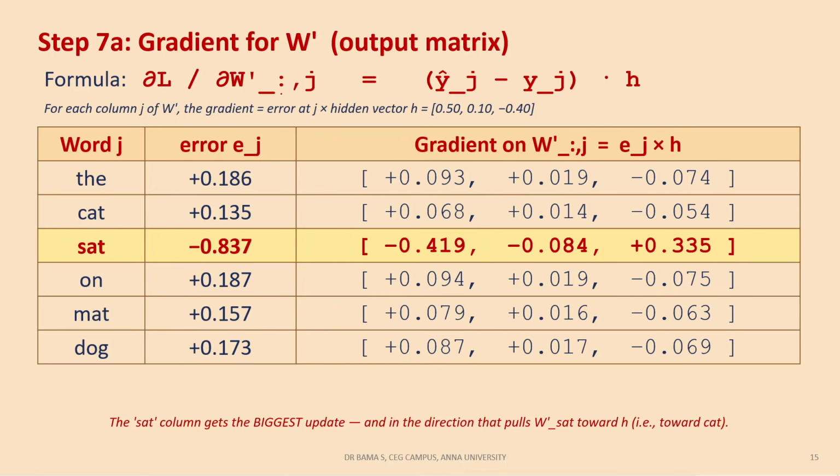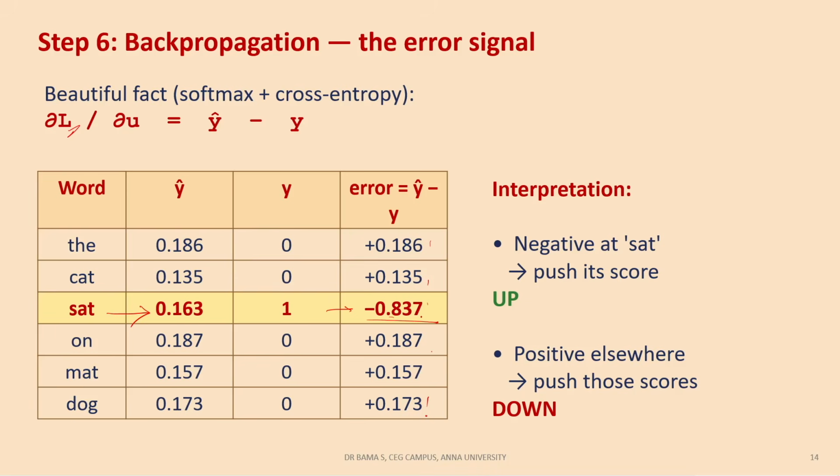The gradient function would be dou L by dou W dash, which is Y cap minus Y, the error, multiplied by the H value. And the error is minus 0.837 that we got from this point.